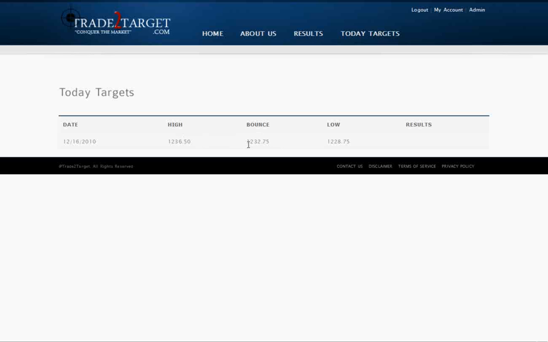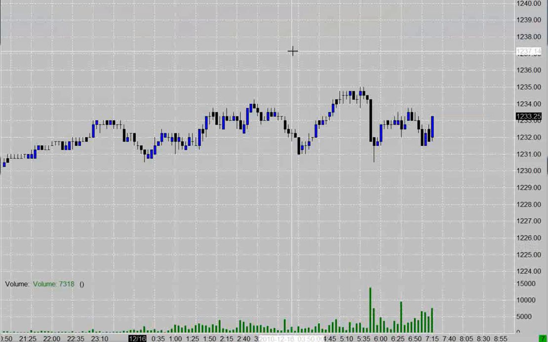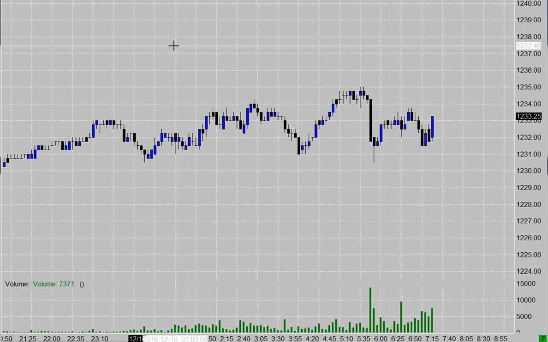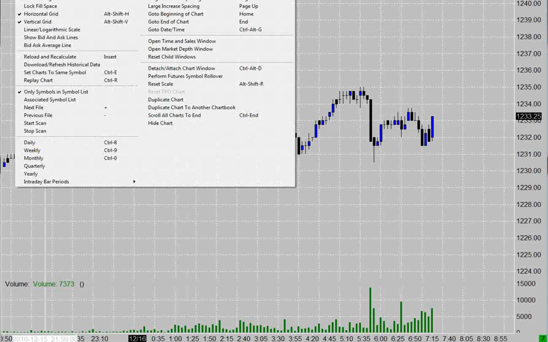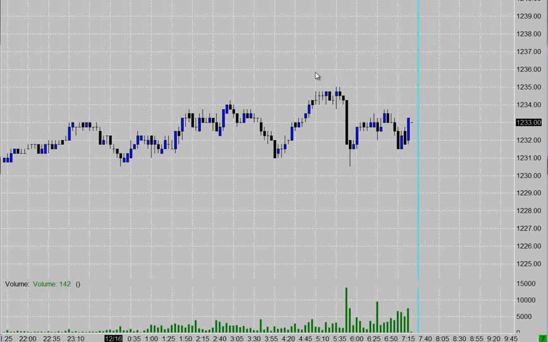So first things first, I want to draw the bounce line. Today's bounce line is 1232.75. So I'm going to pull my charts back up. And what I like to do, it looks like we are at that area, is draw in a vertical line at market open. That way I know when the market is going to open and on which candle.